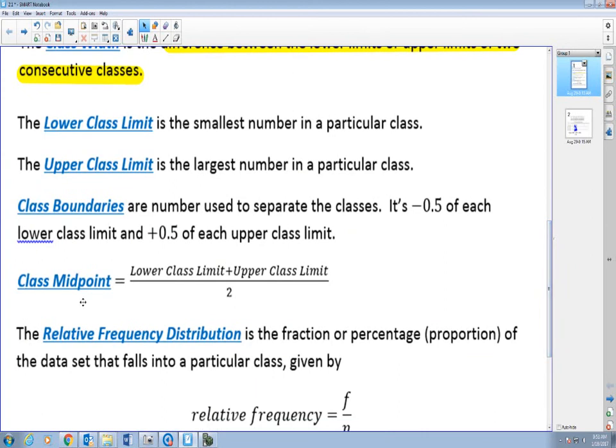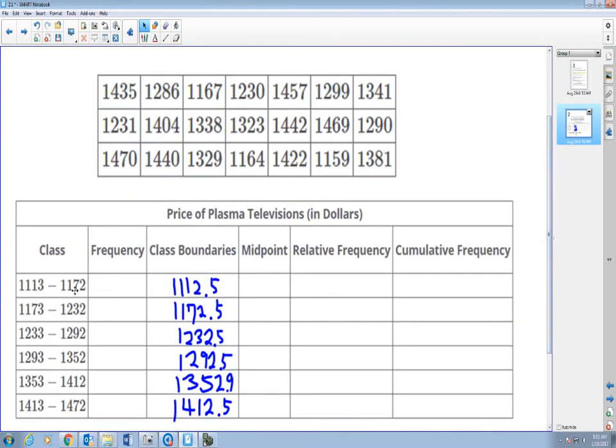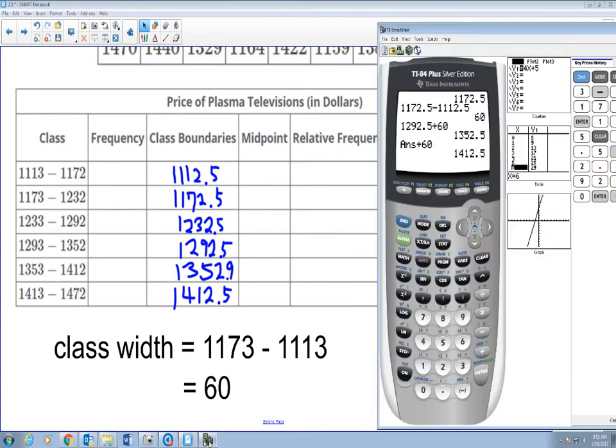Alright, let's take a look at the next topic, something called the class midpoint. Class midpoint is exactly what is the middle of your class. It will be the lower class limit plus the upper class limit divided by 2. So in my calculator, I'm gonna add up 1113 plus 1172 first, then divided by 2.